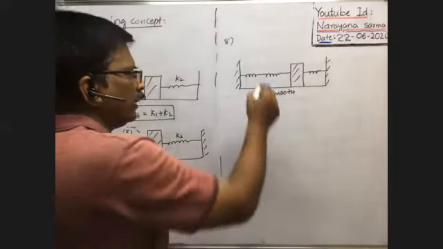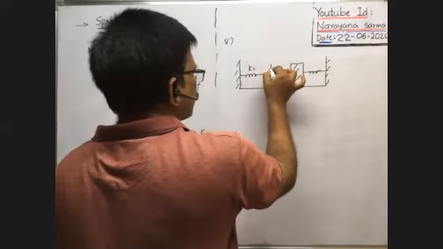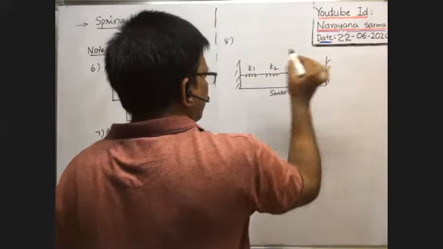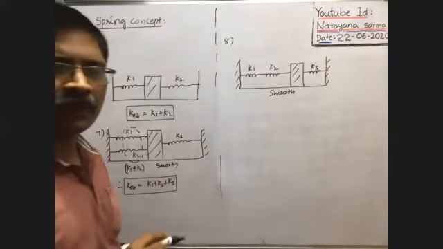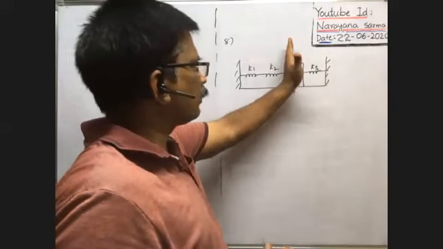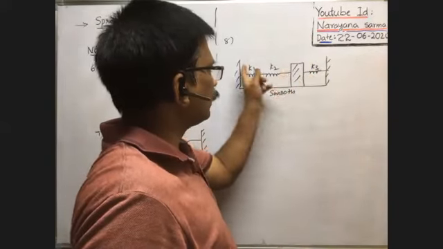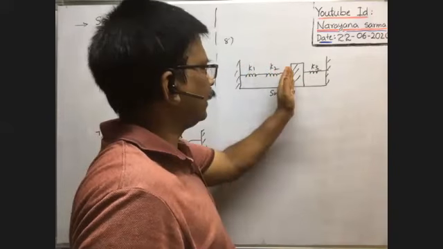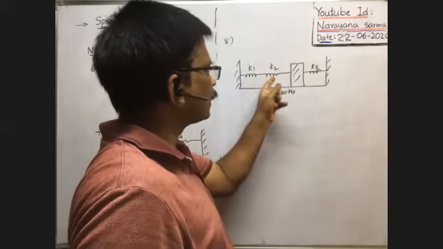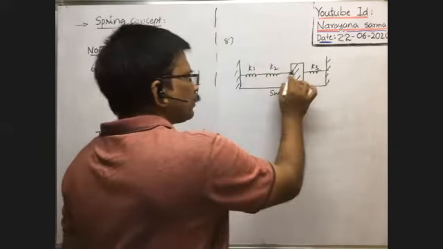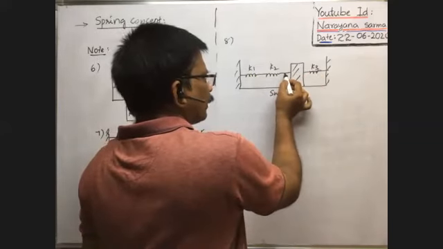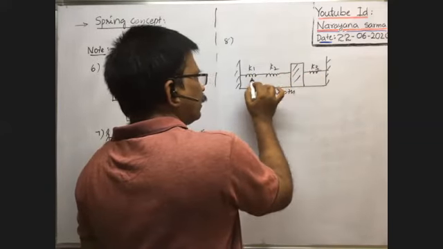Here three springs having spring constants K1, K2, and K3 are connected as in the diagram. Whenever it is displaced towards the right, this one is compressed and the system of two springs is extended. These two are in series, no? Because whenever it is displaced like this, the spring force developed here and the spring force developed here are both the same.